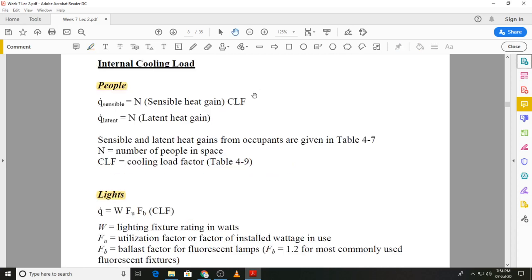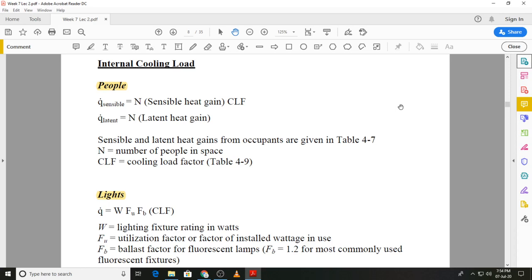We now come to the internal cooling loads. One is the load due to occupancy or people inside the conditioned space. I told you earlier that occupancy causes both a sensible and latent heat gain, and what we will find out is that the sensible heat gain per person, depending on the activity that person is engaged in, will be given to us, or we will read it from a table, multiplied by the total number of people.